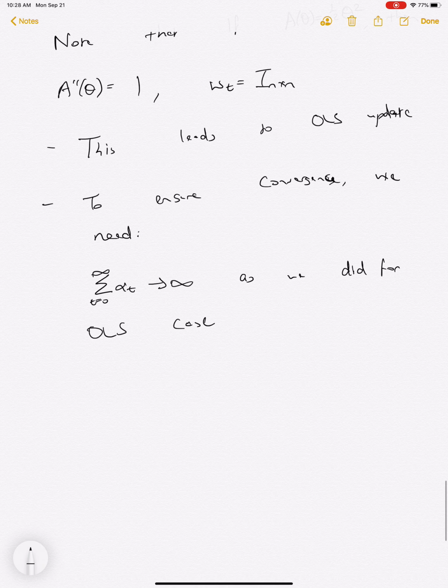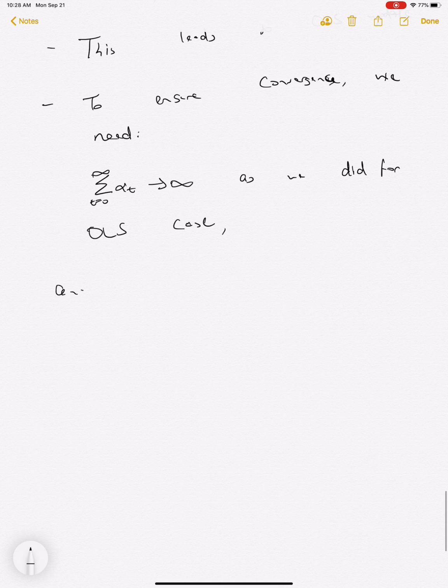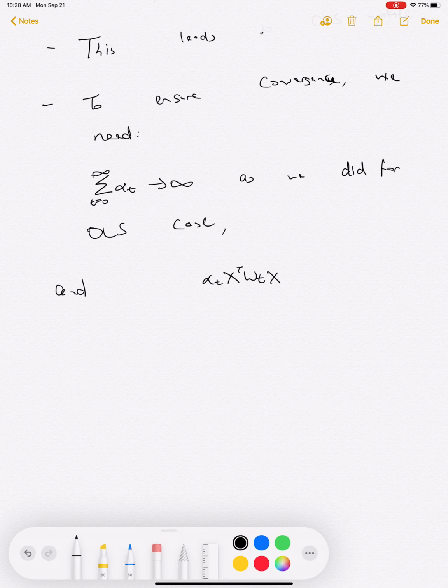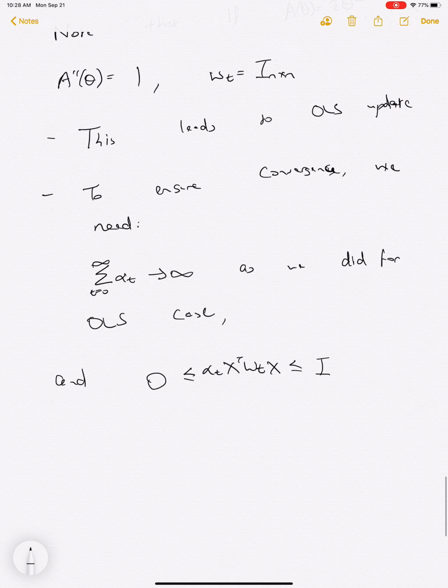But what we also need now is this kind of inner matrix to guarantee that we have a contractive situation. We need this to be between 0 and the identity.